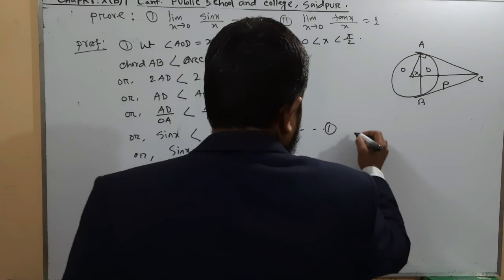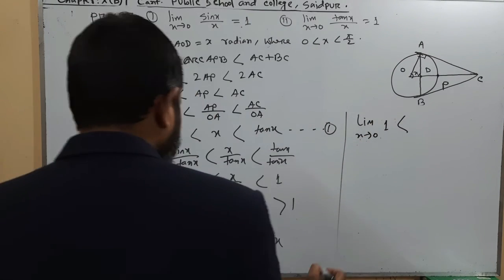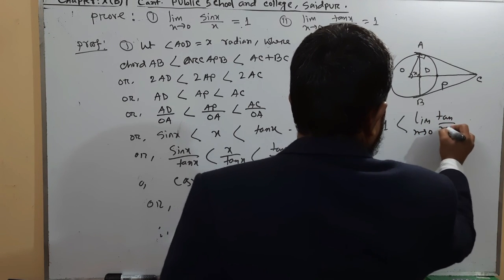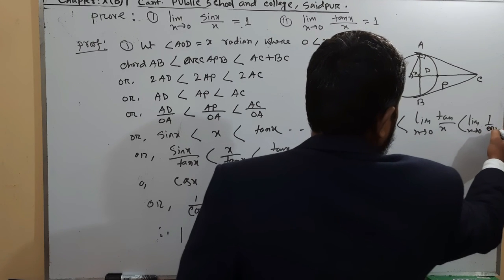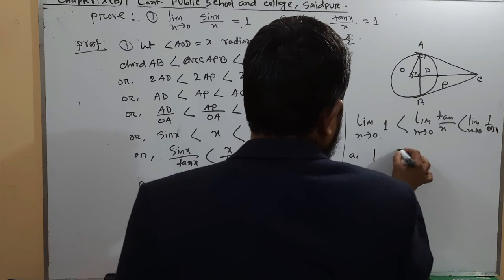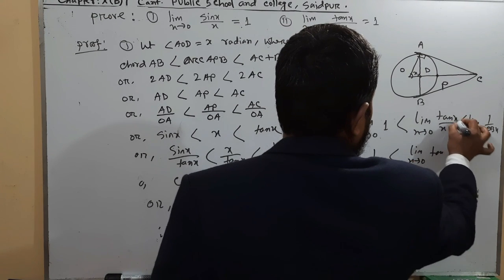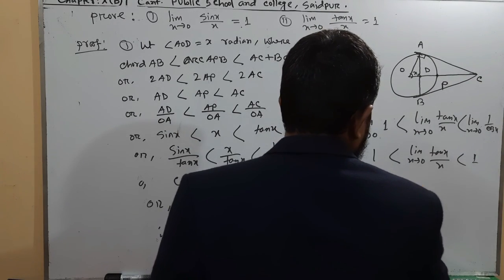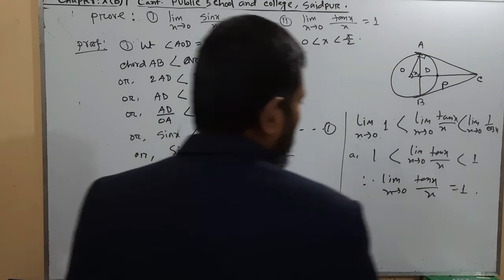Taking limit x tends to 0, we get 1, limit x tends to 0 of tan x by x, limit x tends to 0 of 1 by cos x. We get 1, limit x tends to 0 of tan x by x, 1. We can write easily limit x tends to 0 of tan x by x is equal to 1.